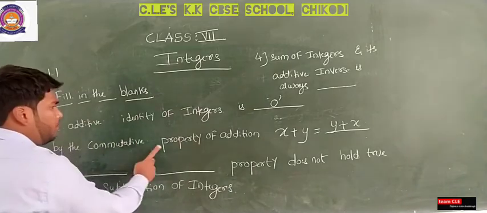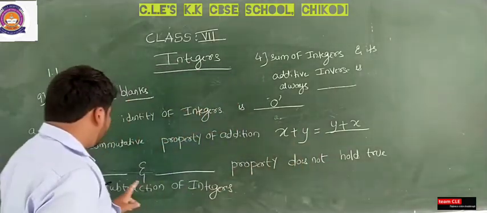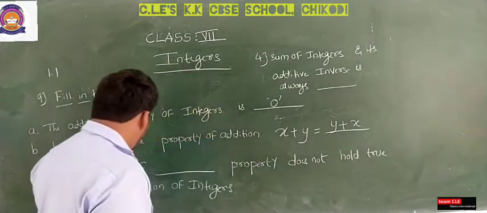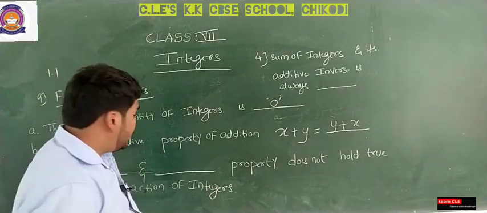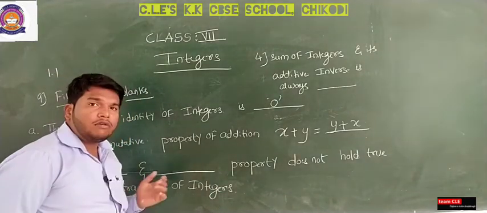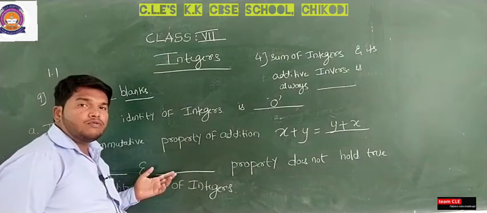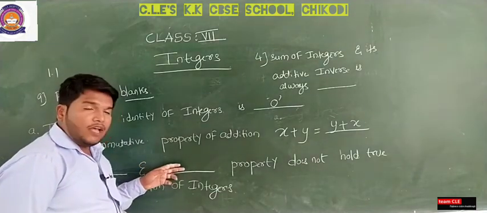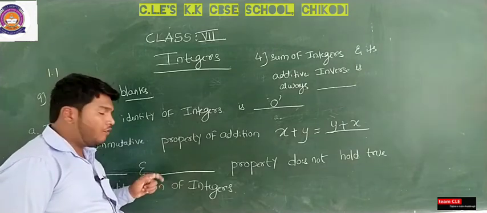So by the commutative property of addition, x plus y is equal to y plus x. Dash and dash property does not hold true for subtraction of integers. Which property have we learned? By solving the examples, we saw that the commutative property does not hold good for subtraction. If you want, you can see the previous video. And in the associative property also we have learned that it does not hold good for integers.